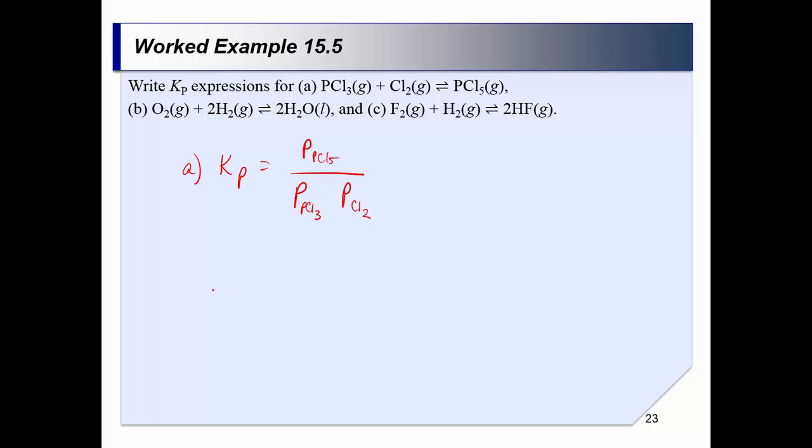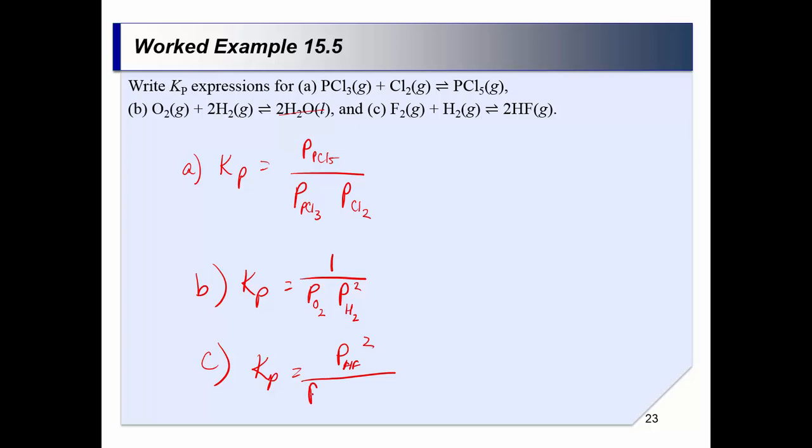For B, remember, the liquid does not enter, so Kp is going to be 1 over the pressure of oxygen times the pressure of hydrogen squared. And for C, I'm going to have my Kp is equal to the pressure of HF squared divided by the pressure of F2 times the pressure of H2.